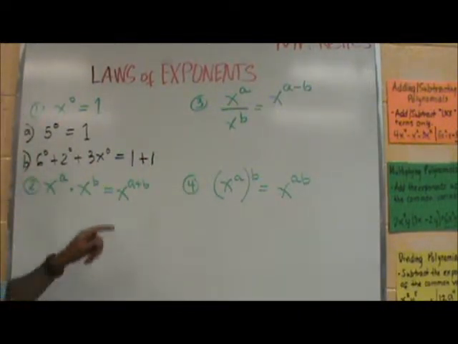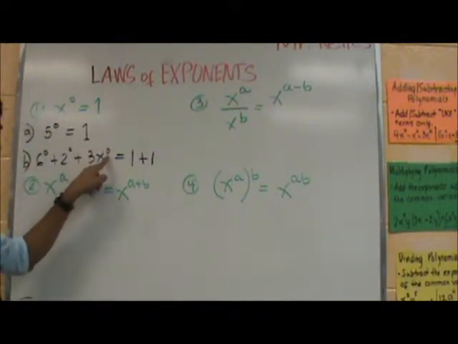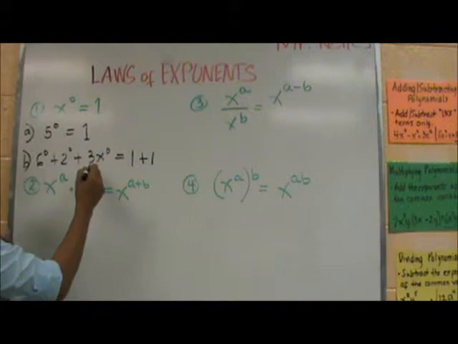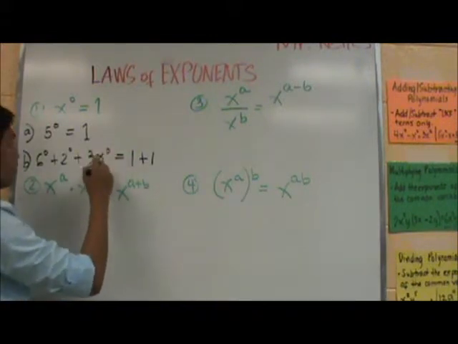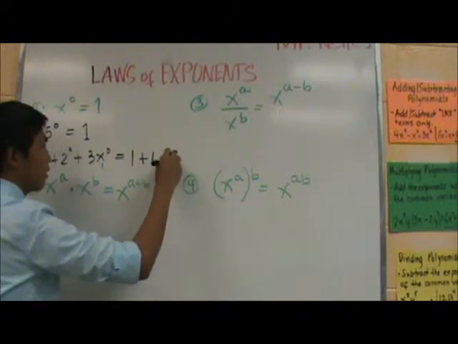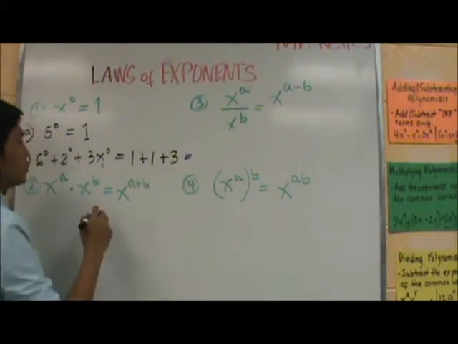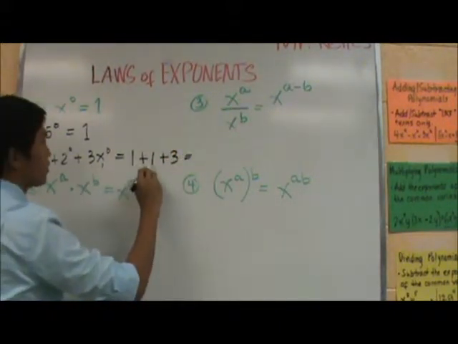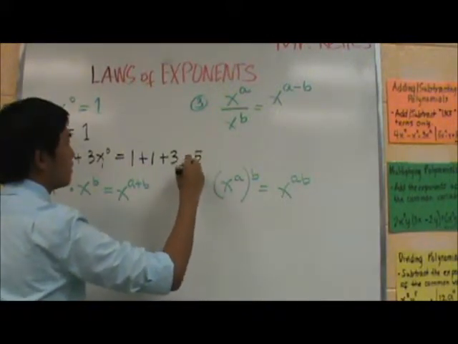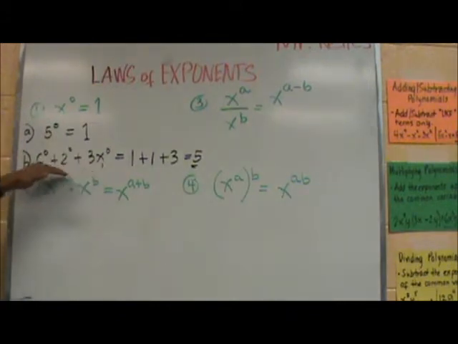But you have to remember, the exponent 0 is only for x because the exponent of 3 is 1. So if x raised to 0 is equal to 1, 3 times 1 is 3. So the final answer will be 1 plus 1 plus 3, which is equal to 5.